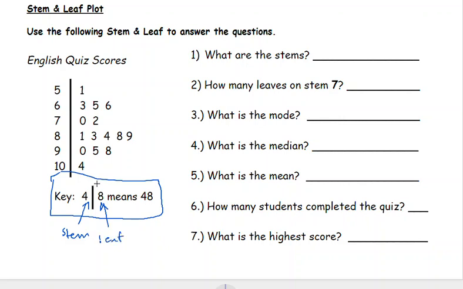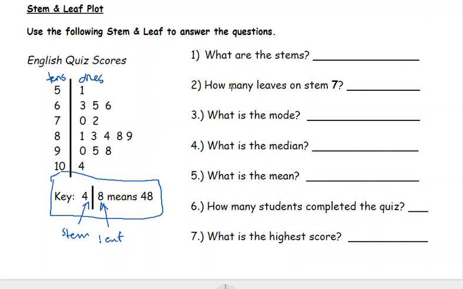And when we see 4 separated by the line 8, that means 48. So this tells us from the key that our stems are all the tens digit and our leaves are all the ones digits. So this number here is 51, this is 63, 65, 66, and so on.